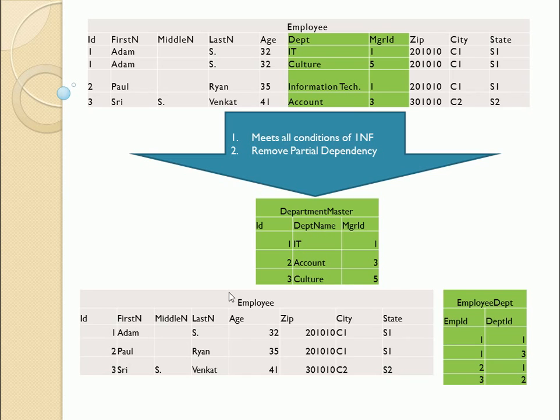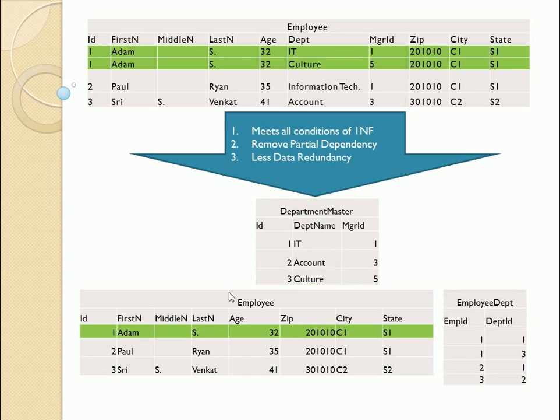For information about the employees' departments, we have created another table, that is the employee department table, which will contain information about which department a particular employee belongs to. For example, employee number one belongs to department number one and three.